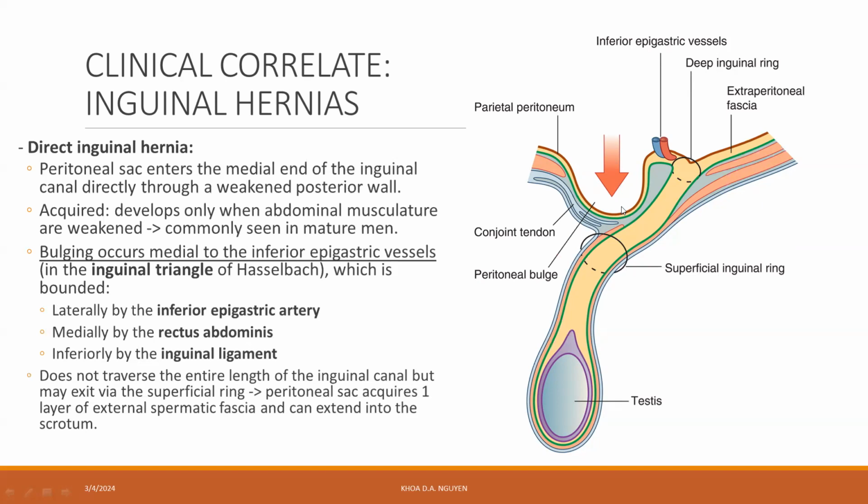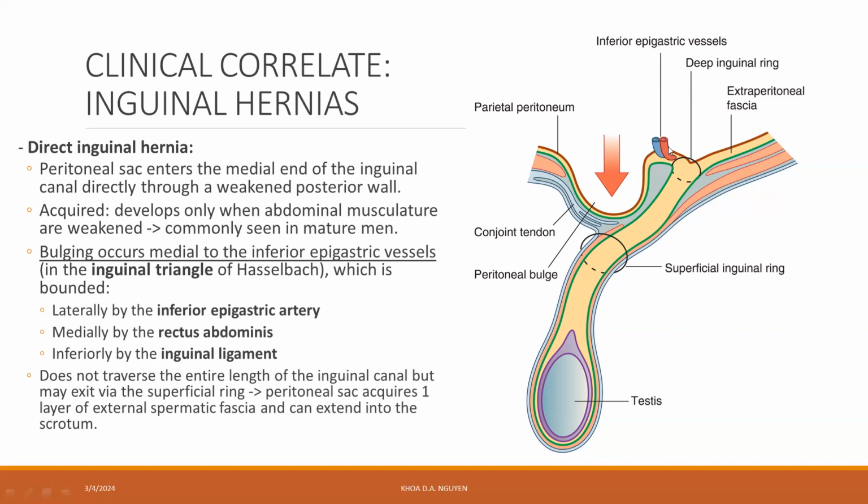Now, the weakest part of the anterior abdominal wall exists right here in an area that is more medial to the inferior epigastric vessel. And that area is called the inguinal triangle of Hesselbach. This triangle is formed laterally by the inferior epigastric artery.